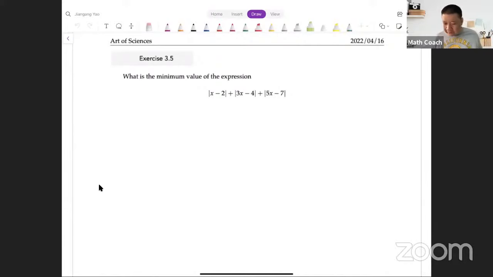Okay, so for this question, what's the idea? You should be able to think that after you break down the absolute values, you always have some x plus something, so it's always a line.